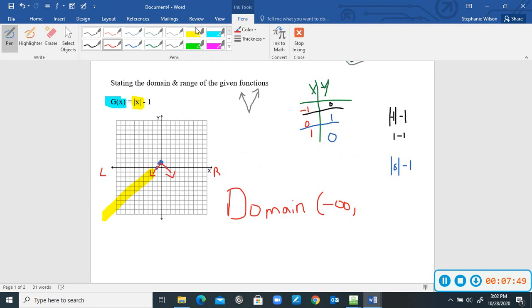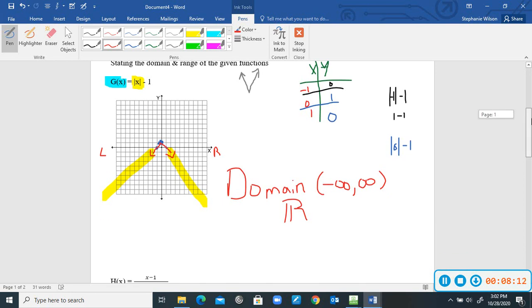Now, let's keep on reading it. When we follow the whole entire line out to the next arrow, it goes continuous out, and it's going to eventually eat up all the positives. So my domain here is all real numbers. It's negative infinity to positive infinity, or you can call it all real numbers.